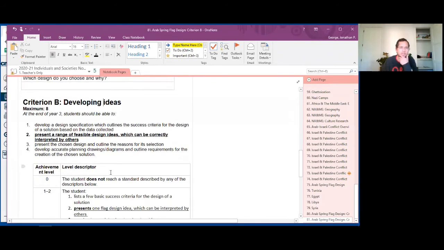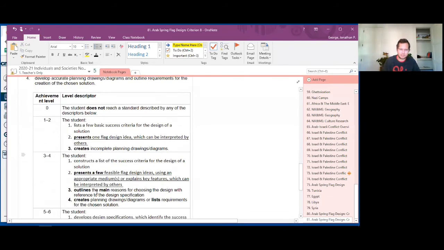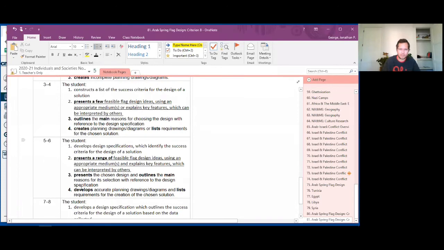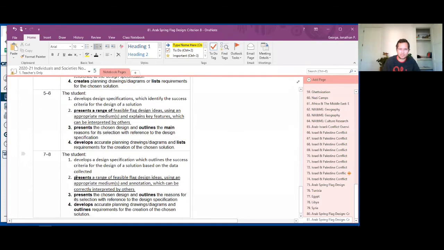Now, here's a rubric again. So here's what I want you to focus on. Present a range of feasible design ideas which can be correctly interpreted by others. So this is where you're presenting two designs. If you want to get a 7 or 8, present a range of feasible flag designs, that's got to be more than 2. Now again, this is not a percentage grade.